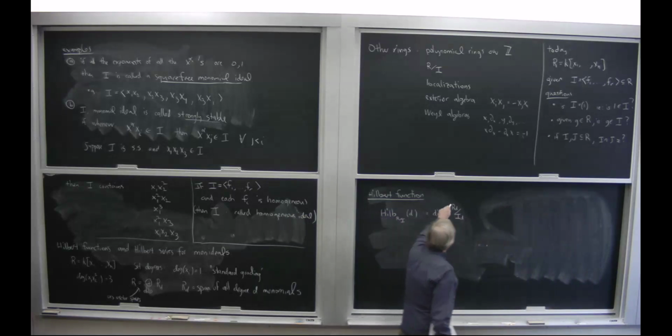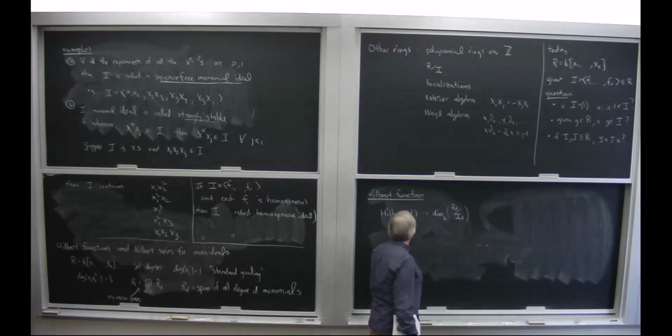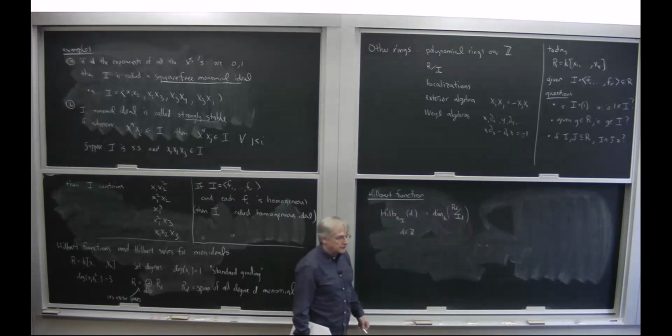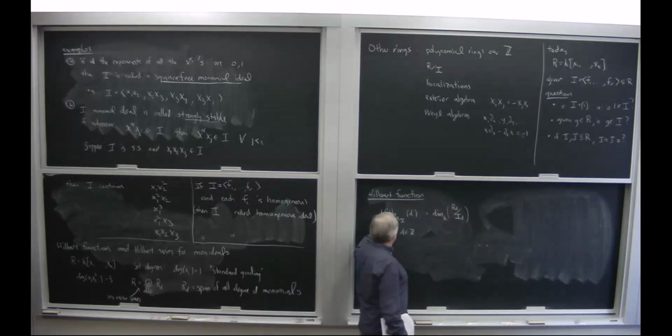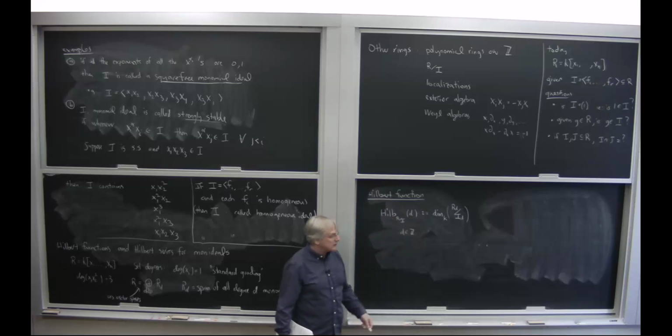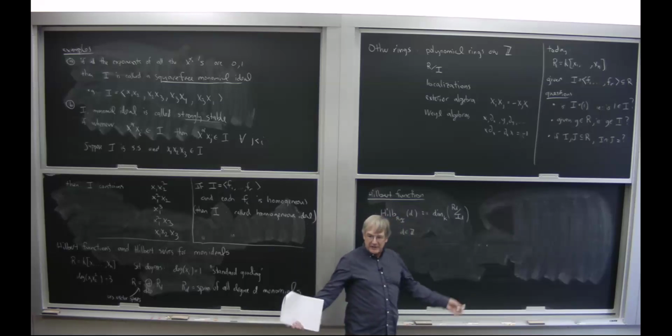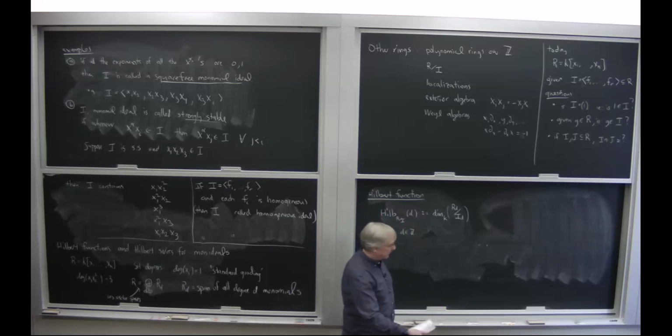So this is a bunch of numbers, one for each D in Z. Well, actually, it's 0 if D is not greater than or equal to 0. That's an infinite number of things, so the usual way, if you have an infinite number of things, is to make a generating function out of it.